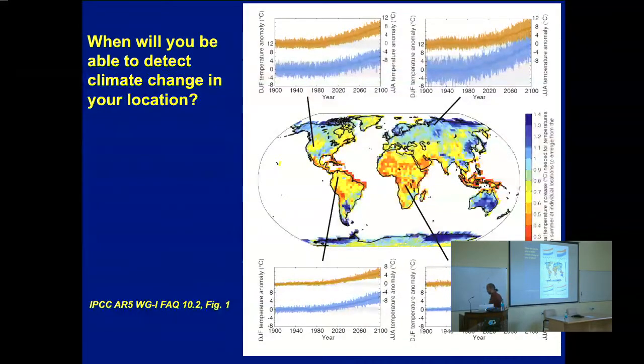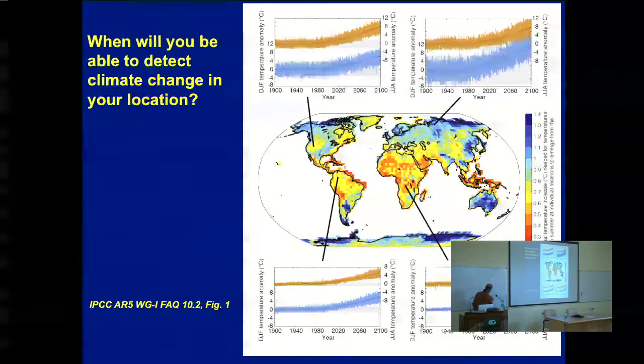So this gray band represents the range of natural variations in temperature in a particular region.